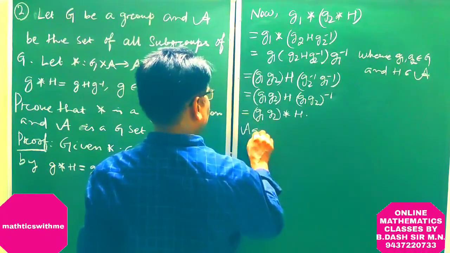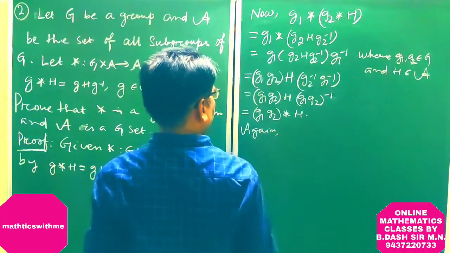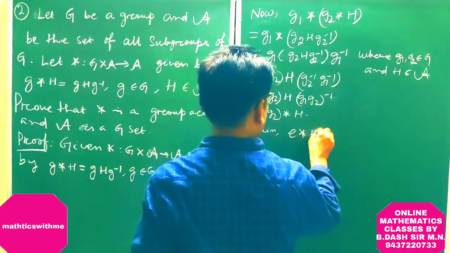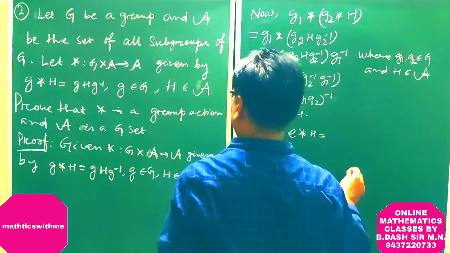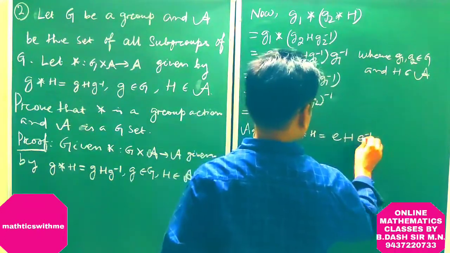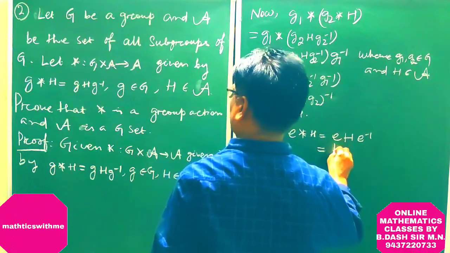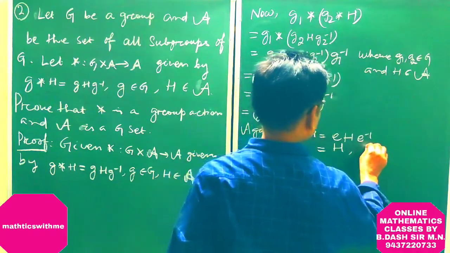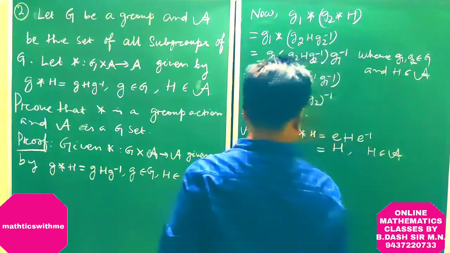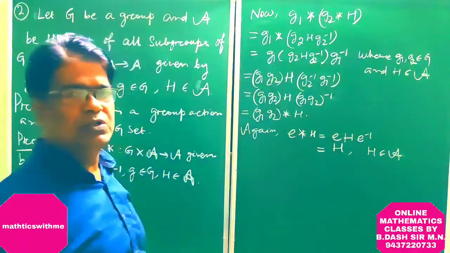Again the second condition. e star H is equal to e H e inverse. This is equal to H for H belongs to A. So the second condition is also proved.